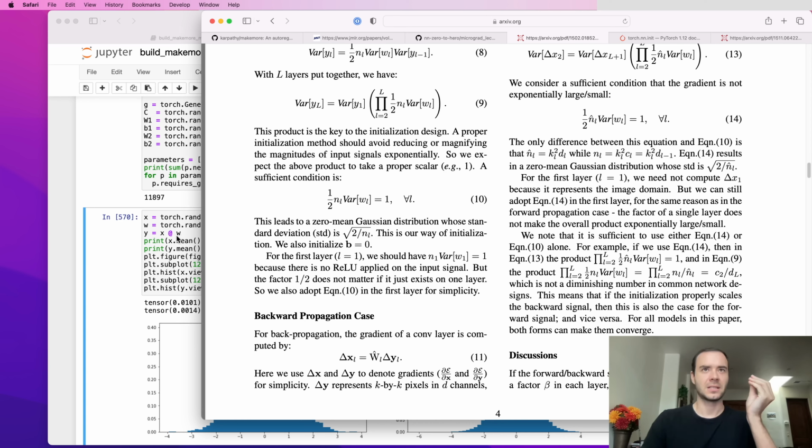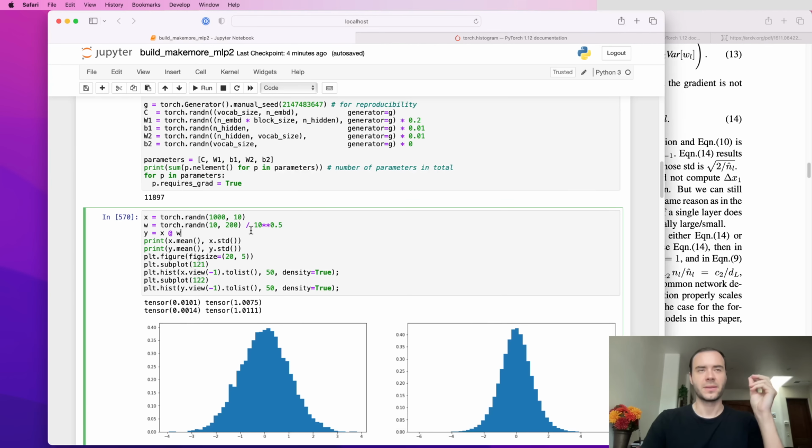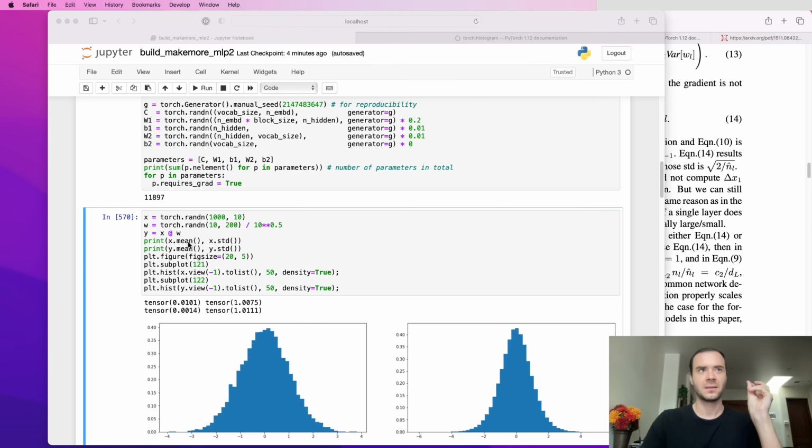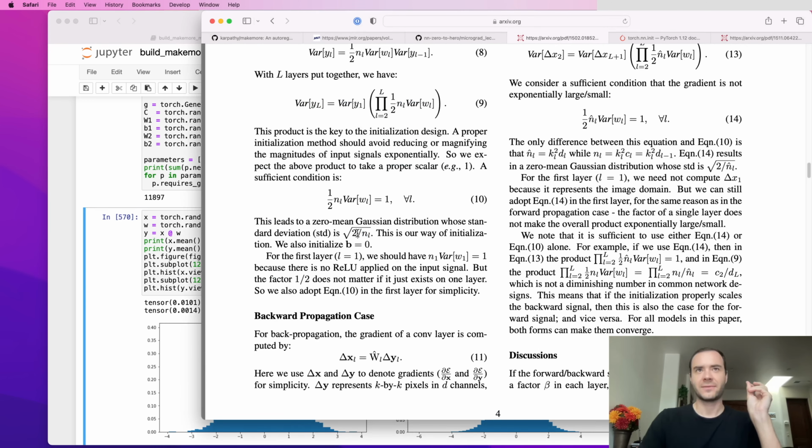What we have here is we are initializing the Gaussian with the square root of 1 over the fan-in, because we have the division here. This NL here is the fan-in. Now they have to add this factor of 2 because of the ReLU, which basically discards half of the distribution and clamps it at 0. And so that's where you get an additional factor.